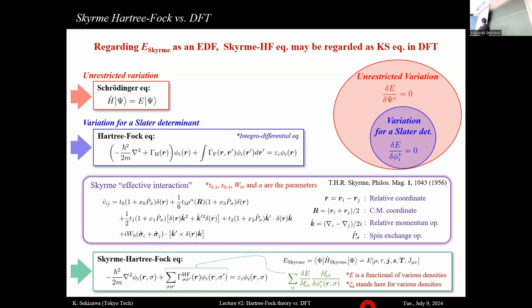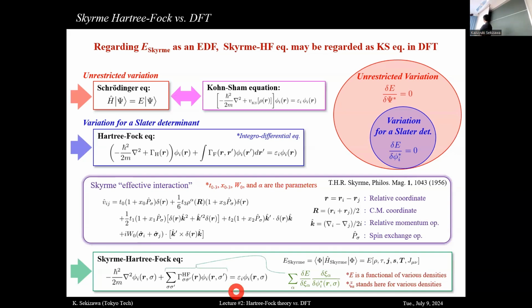But this potential is given by just a chain rule, the functional derivative of the EDF, or total energy E. If you regard this total energy with a Skyrme effective interaction in Hartree-Fock theory as an energy density functional in the Kohn-Sham DFT, you may regard this equation as a Kohn-Sham equation.